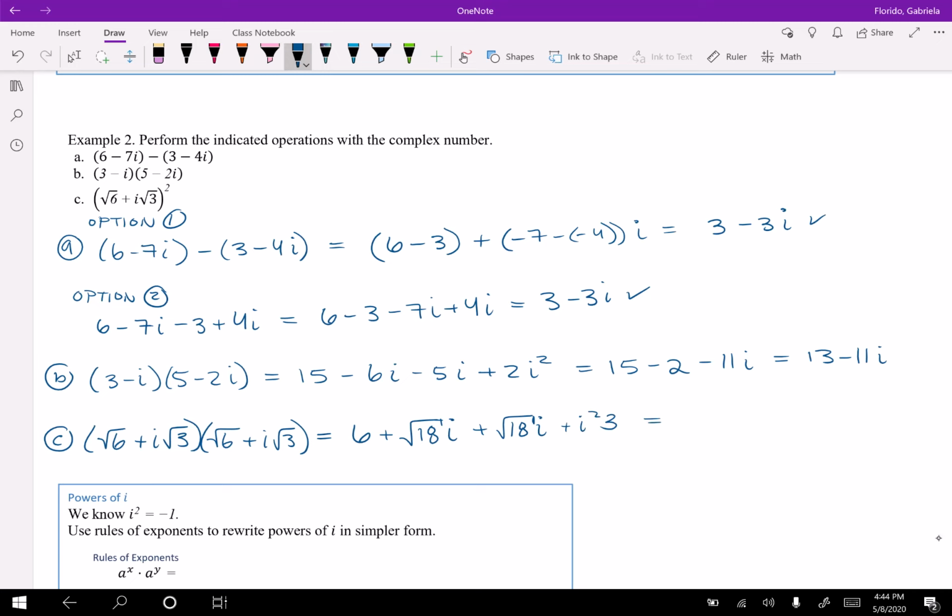So if we clean this up, we get 6 minus 3, because again, i squared is negative 1. So 6 minus 3 gives us 3. And then we have the square root of 18i plus the square root of 18i. These are like radicals. So we get 2 square root of 18 times i.